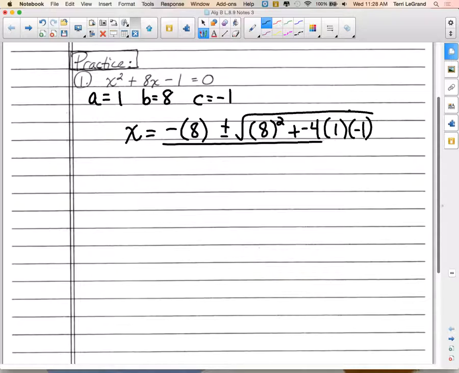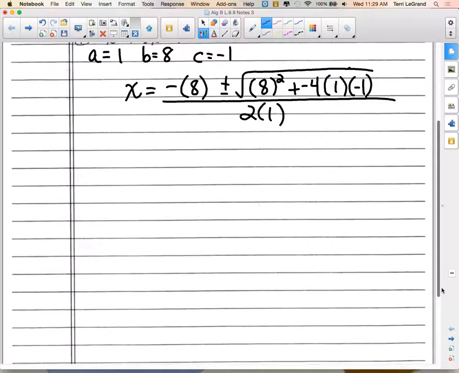And all over, what's the bottom part of our quadratic formula? 2 times a. So this will be 2 times 1, won't it? Okay, go ahead and do the next step of work that you know I would let you do.